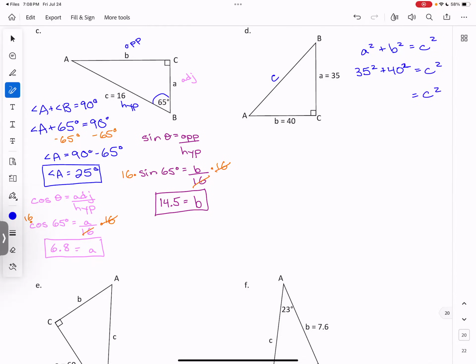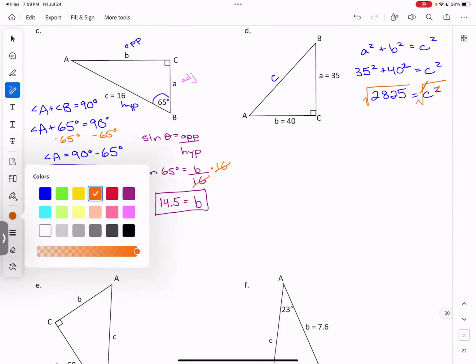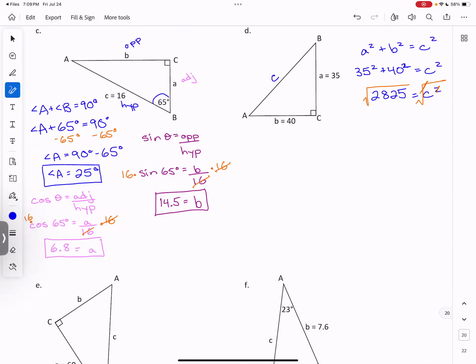Let's calculate that out. I get 2,825. Now I want to square root both sides, because if I square root c squared, I end up with just a plain c, which is what I want. So I get c is, to one decimal place, 53.2.